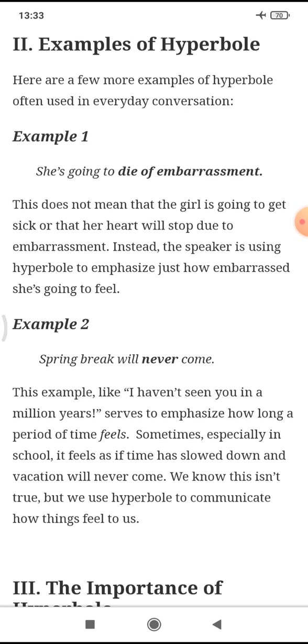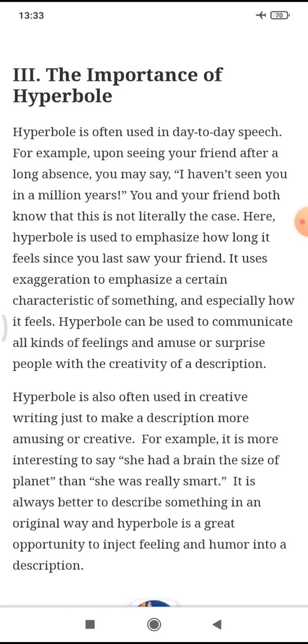We know this isn't true, but we use hyperbole to communicate how things feel to us. So, in the next point, we can see the importance of hyperbole.